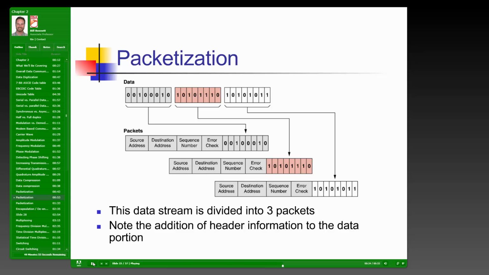There's also a sequence number so that we can identify how all these packets go back together. And then there's also some error checking information because we want to make sure that when the recipient receives the packet that it hasn't been corrupted in the transmission process.